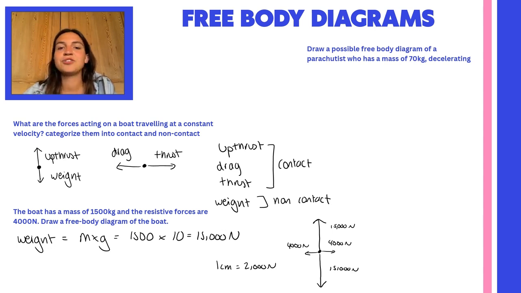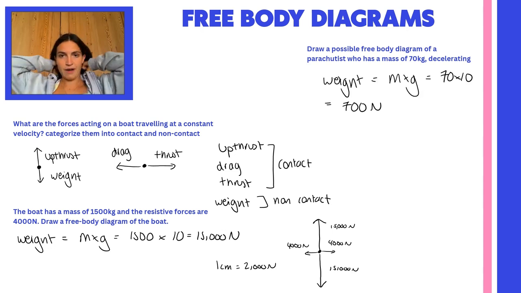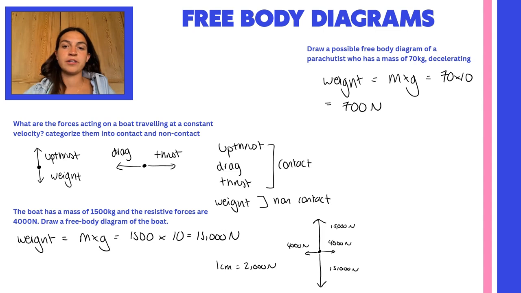Okay, now to draw a possible free body diagram of a parachutist who has a mass of 70 kilograms decelerating. So first thing again, let's figure out what the weight acting down on this parachutist is. So we have their mass multiplied by g, and again g is 10, so that gives us 70 times 10 is 700 newtons.